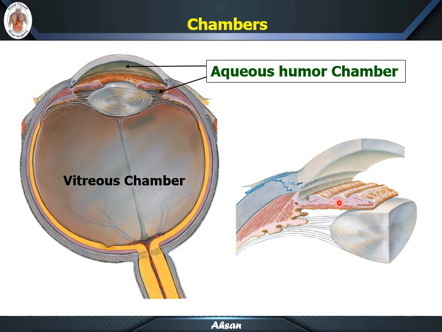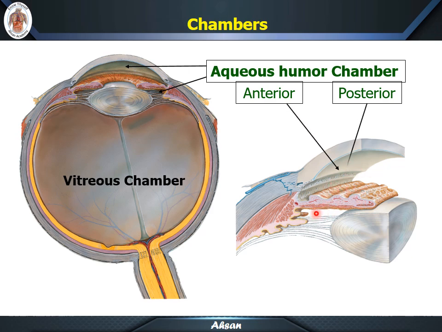This is the iris that divides this chamber into posterior part and anterior part. The posterior chamber is in front of the lens and behind the iris, and the fluid aqueous humor is formed here, circulates through the pupil and goes there to be absorbed. I will discuss in detail in subsequent slides.